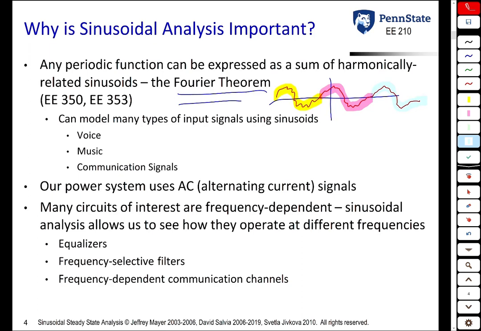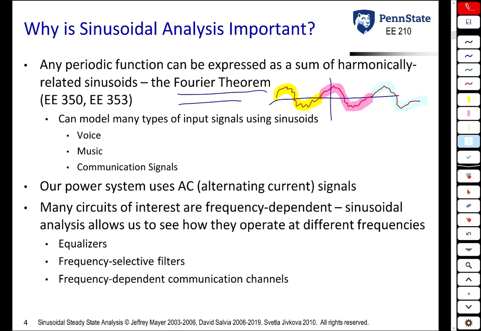Any periodic waveform you could break down into a sum of harmonically related sinusoids. So for example, if this waveform here repeated 100 times a second, we could model it mathematically as a 100 Hertz sine wave plus a 200 Hertz sine wave plus a 300 Hertz sine wave plus a 400 Hertz sine wave, etc. And the 100, 200, 300 Hertz sine waves are what we call harmonics of each other.